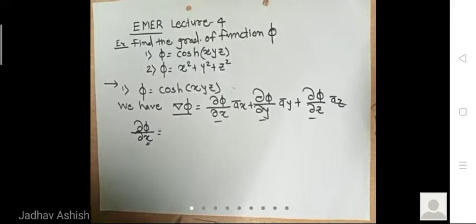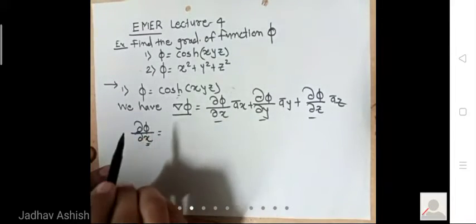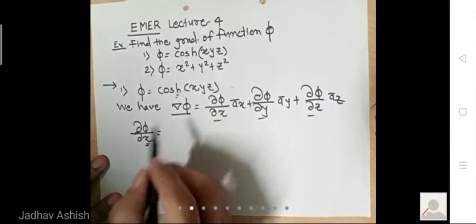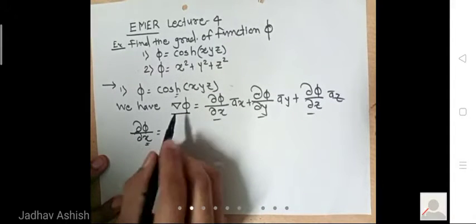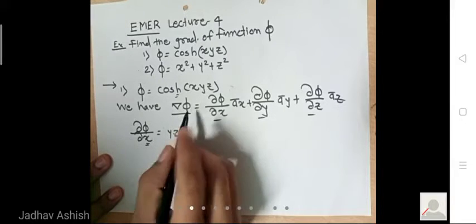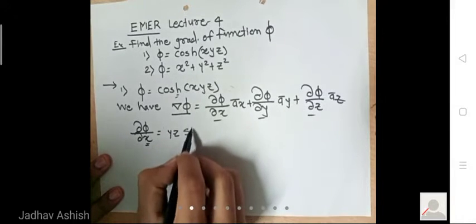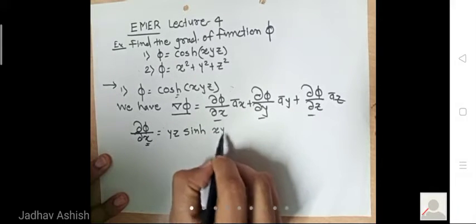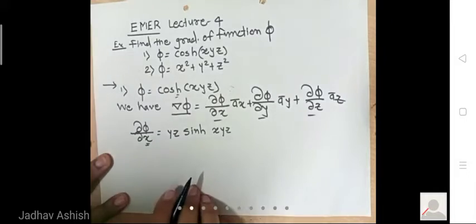Minus or plus? Yes, of course it's plus, because the h is involved here, so the answer will be positive. The answer of this partial derivative will be yz sinh xyz. Correct me if I'm wrong.